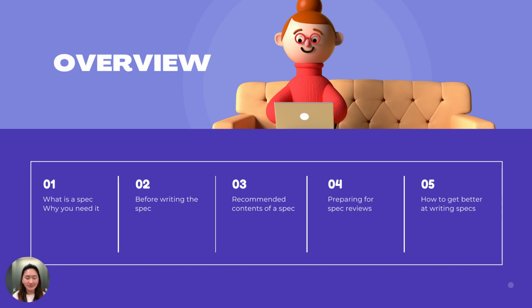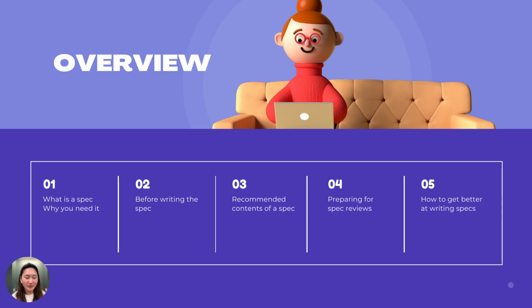And also demystify what happens during a spec review, how you should prepare for it, what you should do during the review, and also any follow-ups you should do. And lastly, I will share some tips I've gathered and learned from others on how to get better at writing specs, and a list of resources and blog posts that I think we all should read in order to be better PMs and write better specs, with a goal to ship awesome features for our users.